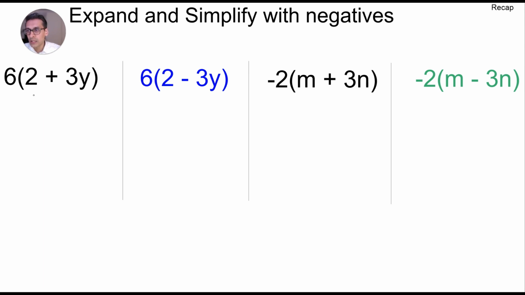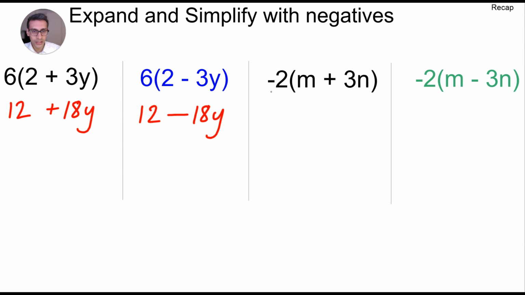Okay, so first question, 6 times 2 is 12, and then 6 times positive 3y is positive 18y. For question 2, 6 times 2 is 12, and 6 times negative 3y is negative 18y.